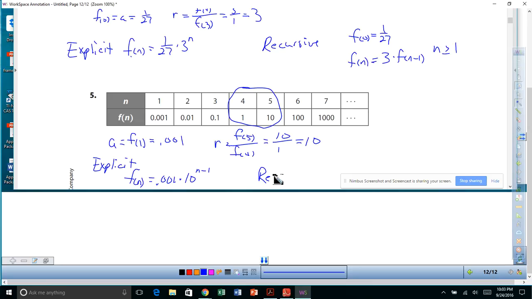Recursive, the recursive one would be f of 1 equals 0.001, and f of n would be 10 times f of n minus 1. n is greater than or equal to 2. All right, good.